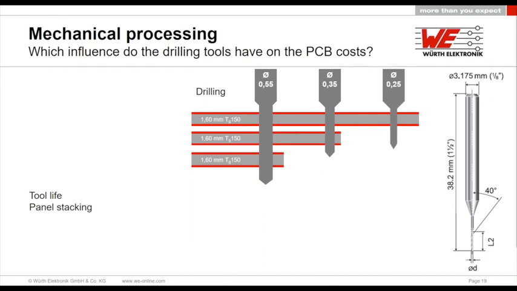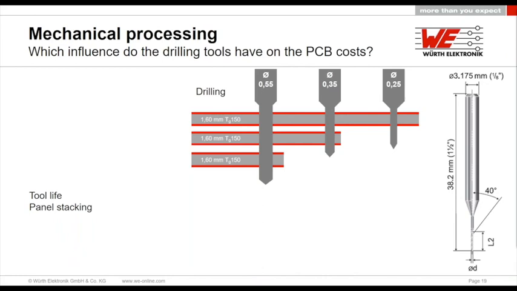Depending on the registration, the tolerances, and the drill tool, we are able to stack our manufacturing panels during drilling. For example, for the 0.55 millimeter drill tool, this means we can stack, in that case for 1.6 millimeter, 3 manufacturing panels on top of each other and make 3 vias with 1 drilling process, if we have 1 hit.